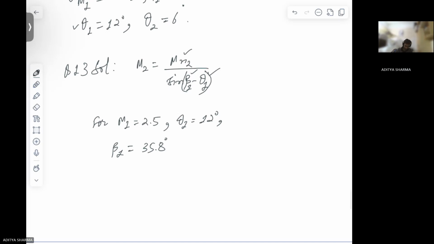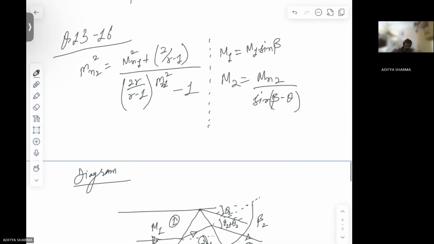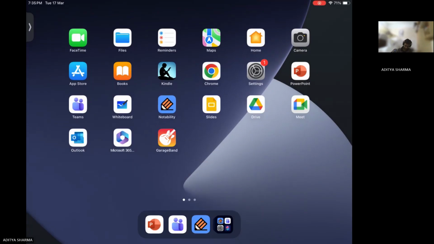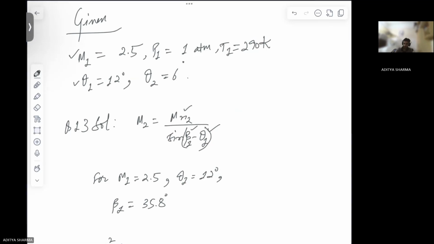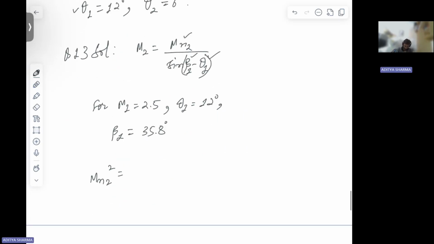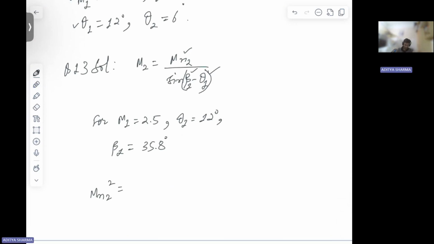And then your Mn2. So your Mn2 square will be equal to, let's see, gamma we are going to take as 1.4 only. Mn1 square. Now what is Mn1?